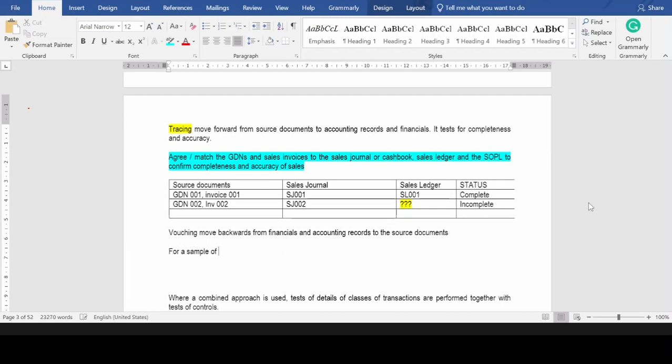Example, sales transactions. The sales journal in the general ledger.